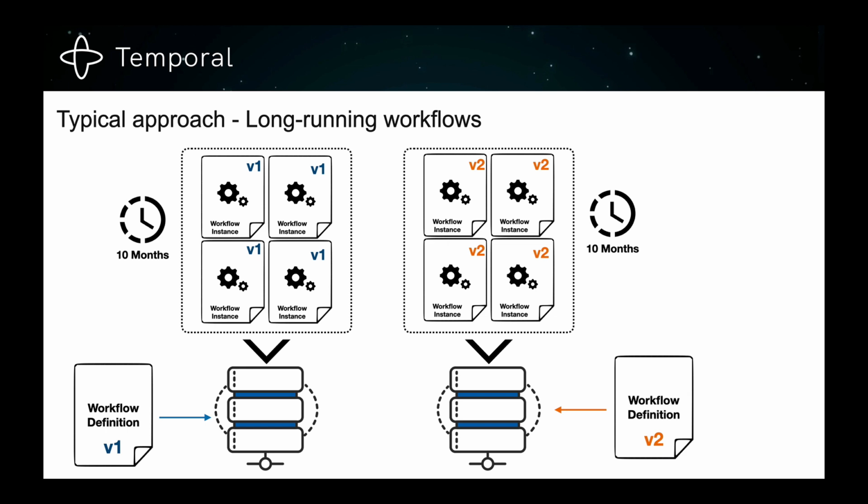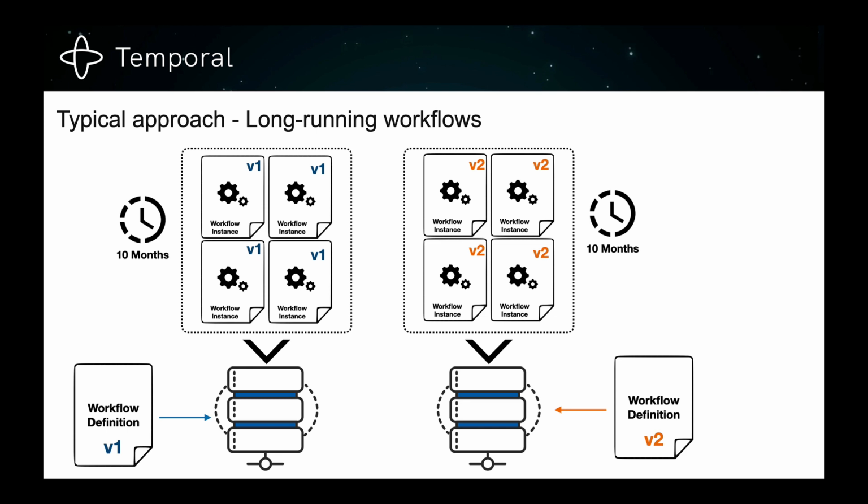Using this approach of versioning the entire workflow definition runs into the problem that in order to introduce our changes, we have to deploy them on a whole new set of infrastructure. We cannot wait for the old workflow instances to complete because they are long-running. So we have to set up maybe a new cluster, or whatever your deployment system is, and start running new instances against our workflow definition version 2.